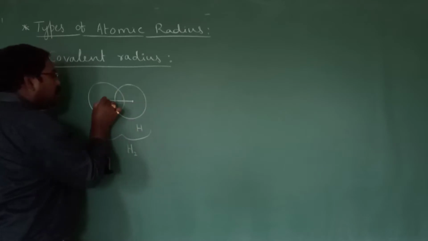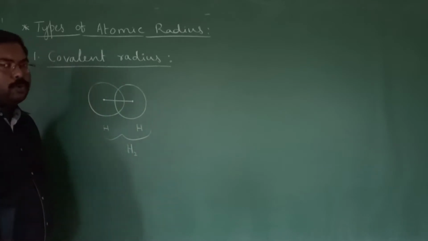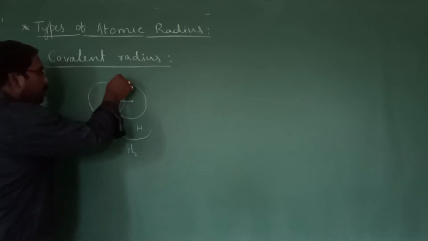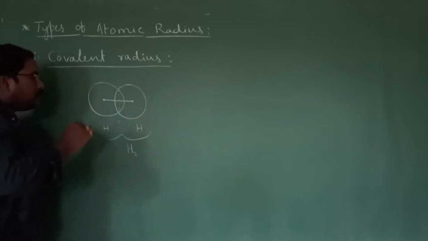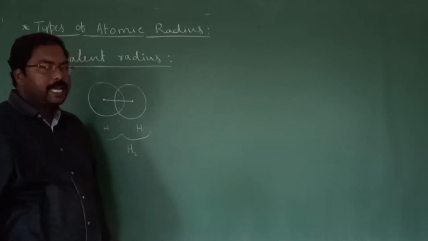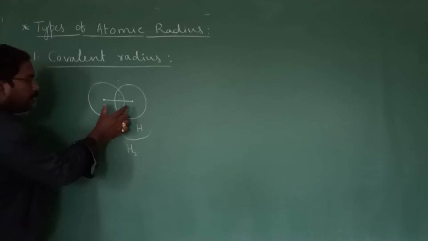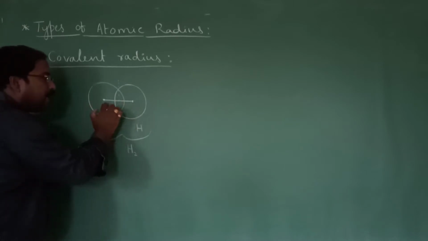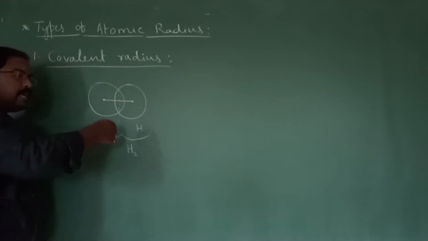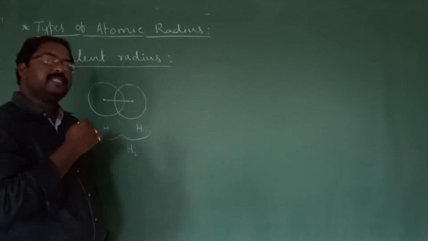We can measure only the distance between the 2 nuclei. Now, radius means what? There is only one option. We can take half of the internuclear distance. This is called the internuclear distance. So we can take only half of the internuclear distance.